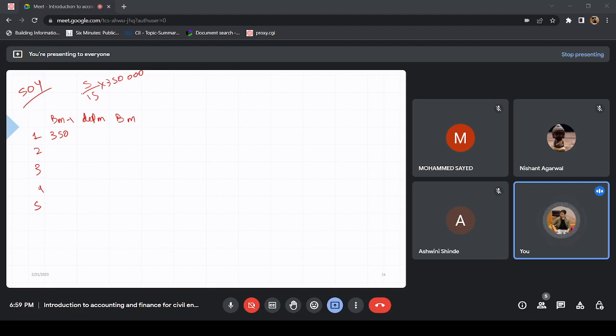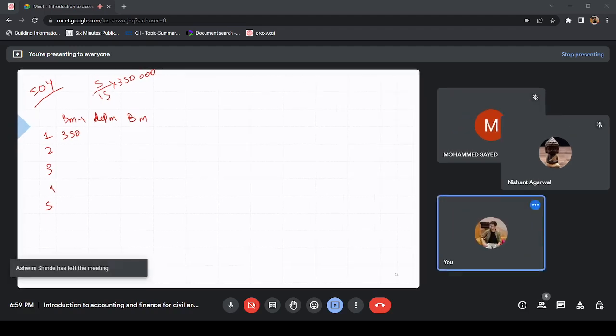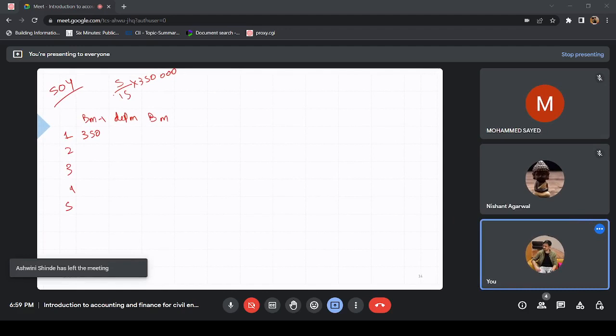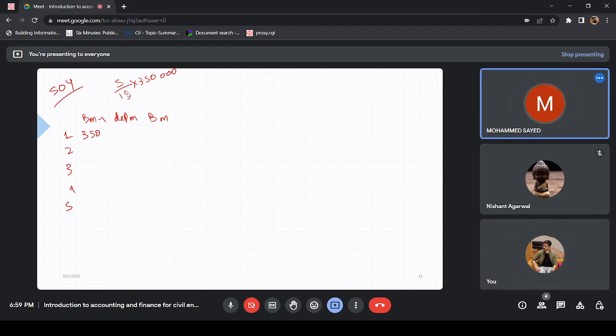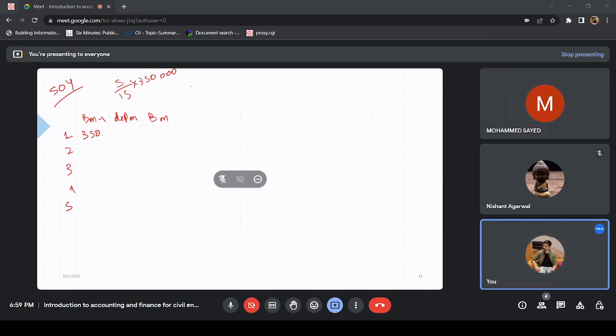Will it be this value? Anybody? Not so sure. Okay, so we'll go back to the formula. The formula was (n minus m plus 1) divided by sigma m, into (p minus s).